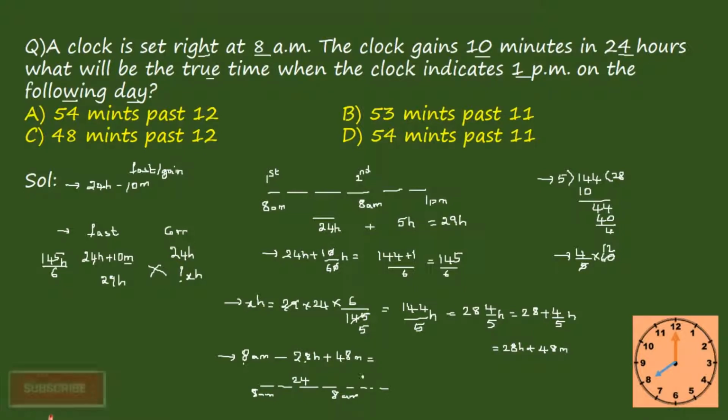The left time is 4 hours, which is nothing but 12 p.m. So the answer is 12 p.m. plus 48 minutes. So the answer is 48 minutes past 12. So the option is C. It will be showing the correct time.